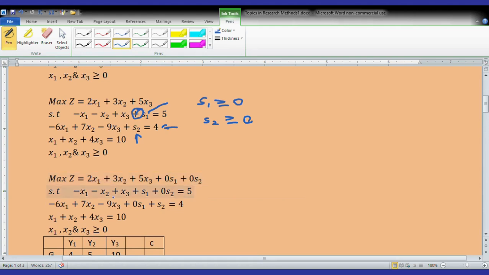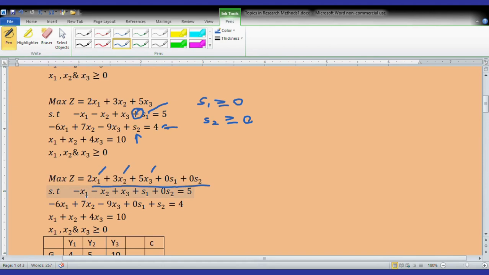So see that here in the equation I have all the variables that now exist in the system. x1, x2, x3 are the given variables, and also I have introduced s1 and s2, but because s1 and s2 are not a part of the objective function, I have put 0 coefficients with s1 and s2, so the equation remains unchanged.